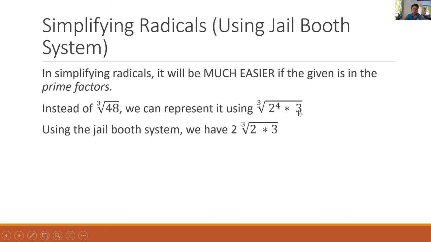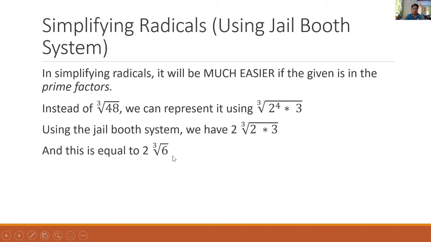Yung 3 dito, yung number 3, hindi na siya makakalabas kasi pipiso pera. So ito matitira. Okay, make sense guys? Make sense? Okay. And this is equal to 2 times the cube root of 6. We will be multiplying this one. This will be our answer.